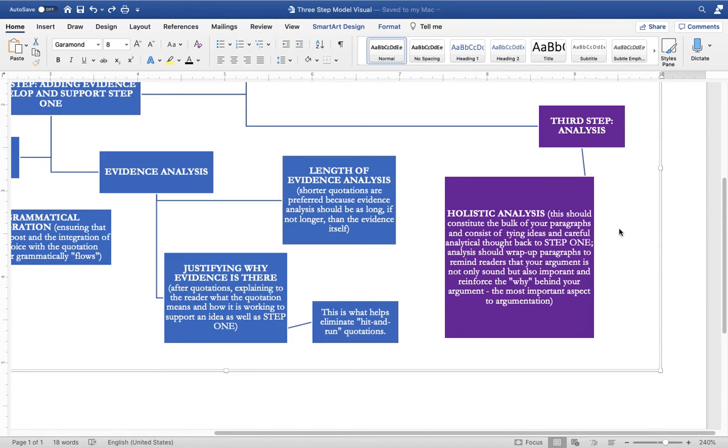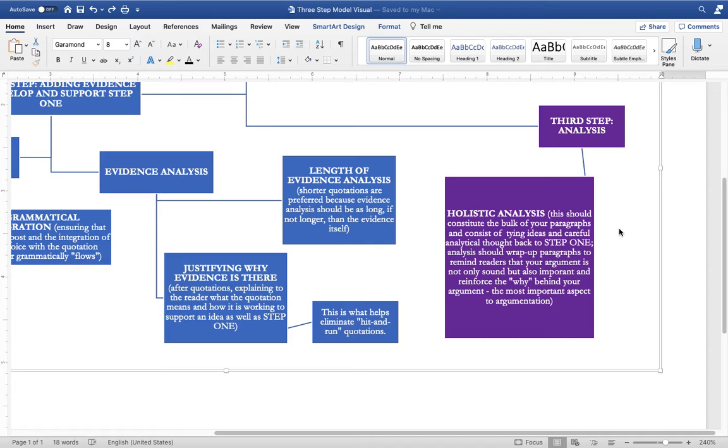So it's kind of like putting an analytical bow on the end of your paragraph, and you want to have those again pointing back to the thesis or the mini thesis statement, that topic sentence in step one.